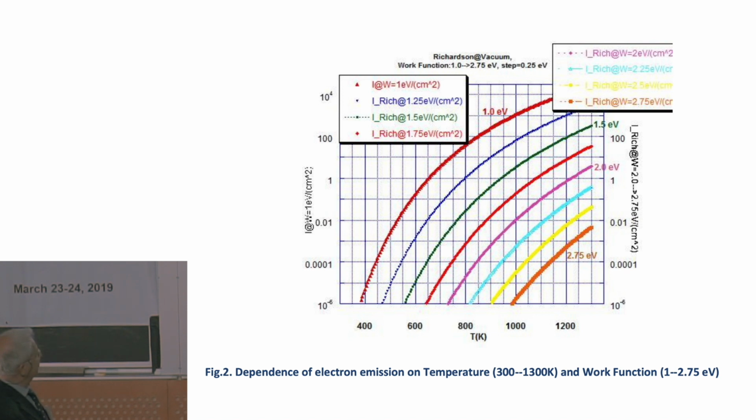So it means if we decide to work at about 1000 Kelvin, we have 10^3 ampere of electrons per square centimeter. So really high value. Obviously, it's just the current boiling off at the surface.